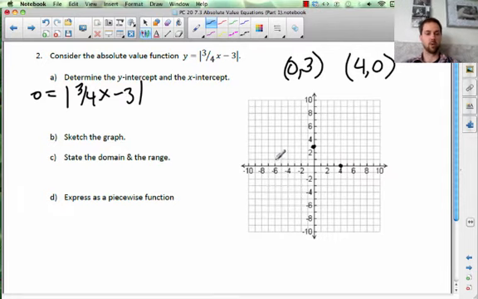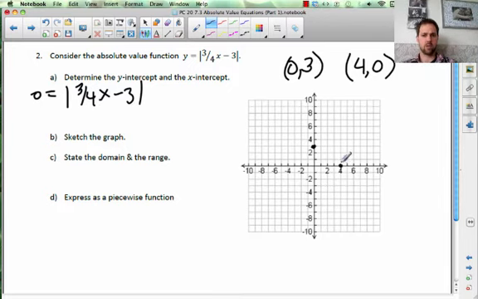All your y values are going to be positive. So slope of 3/4, rise over run, so we can go 1, 2, 3 up, 1, 2, 3, 4 over, and we'll always find a new point. And obviously that's mirrored over here, 1, 2, 3 up, 1, 2, 3, 4 over. There you go. So there's your graph.